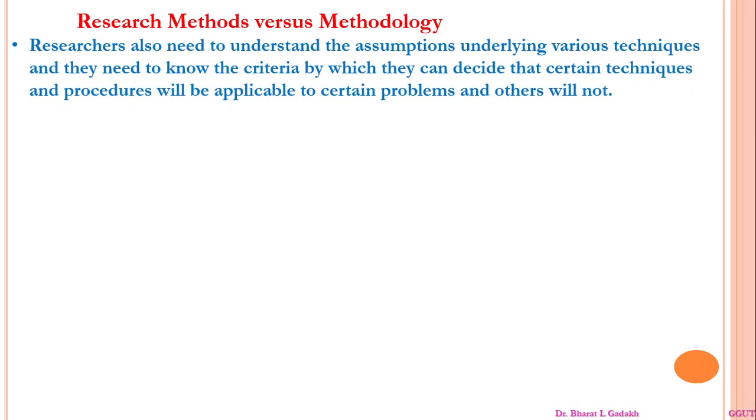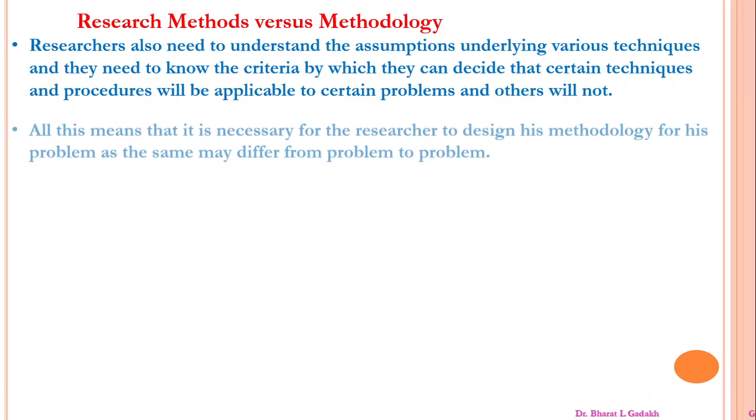Researchers also need to understand the assumptions underlying the various techniques. They need to know the criteria by which they can decide that a certain technique or procedure will be applicable to certain problems and others will not.